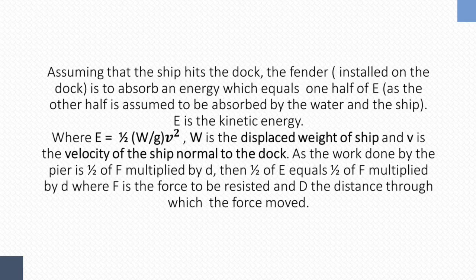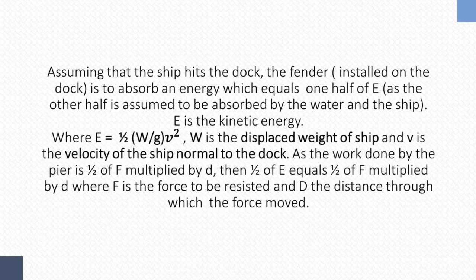Assuming that the ship hits the dock, the fender, which is installed on the dock, is to absorb an energy equal to 1/2 of E, as the other half is assumed to be absorbed by the water and the ship. E is the kinetic energy, where E equals 1/2 multiplied by W over G multiplied by V squared.